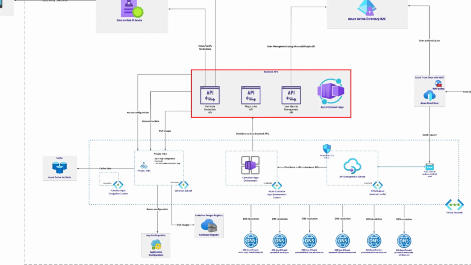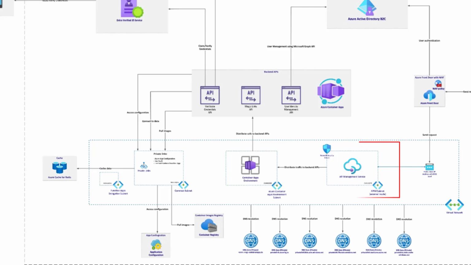We can host our APIs in the Azure Container Apps, and then those APIs will provide different functionalities like magic links functionality, user identity management using Microsoft Graph API, or verifiable credentials API to communicate with Microsoft Entra Verified ID service. Obviously, the direct access to those APIs should be forbidden and should be secure and should be consistent.